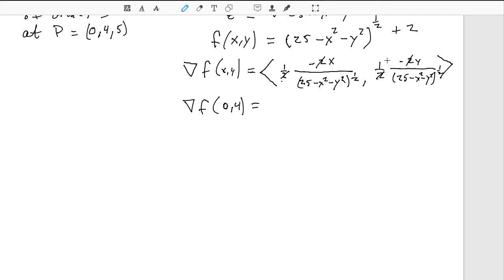And then just ignoring this bottom for a second, we're going to get a vector. So this, just the top. So the bottom, I'm basically bringing down the bottom. So we have a 0 here, and we have the 4, which is right here. And then everything on the bottom is going to give us 25 minus x squared, which is 0, so that zeroes out. So y squared is 16, so 25 minus 16 is 9, and the square root of that is a 3.